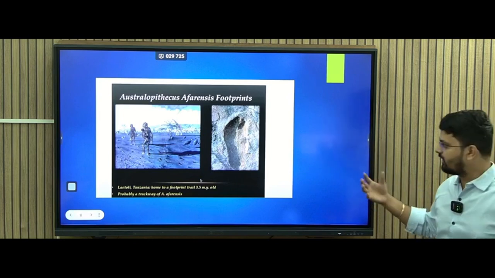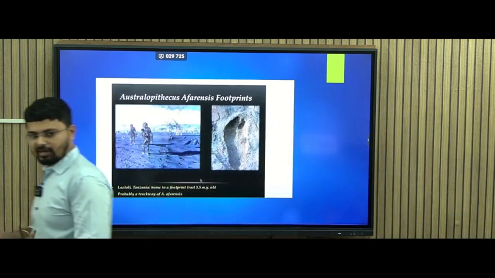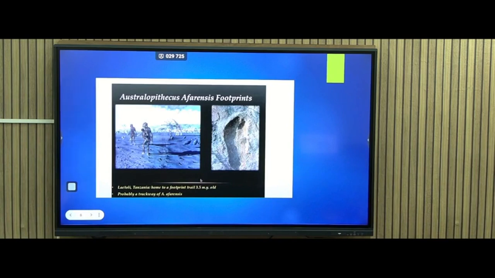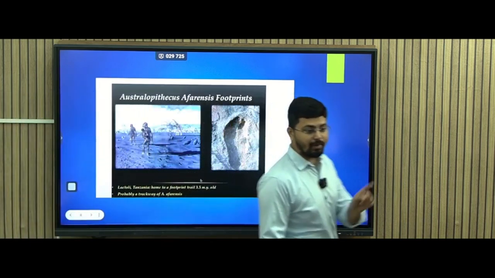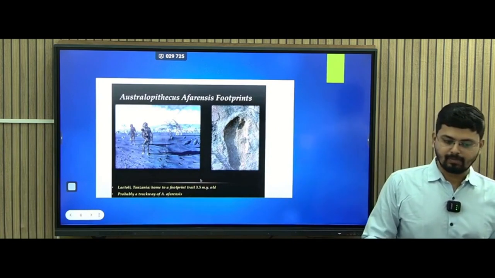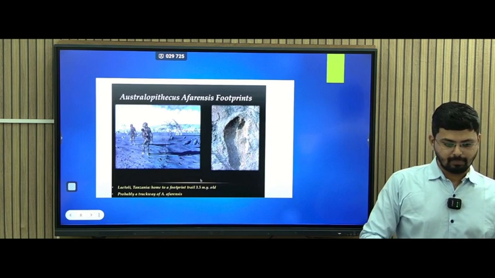From there, we can see that they are bipedal in nature. By seeing the footprints, that means this is the footprint of somebody who is walking on two legs. We can get to know. So we have seen that one of the important features of Australopithecus is that it is bipedal in nature, right?